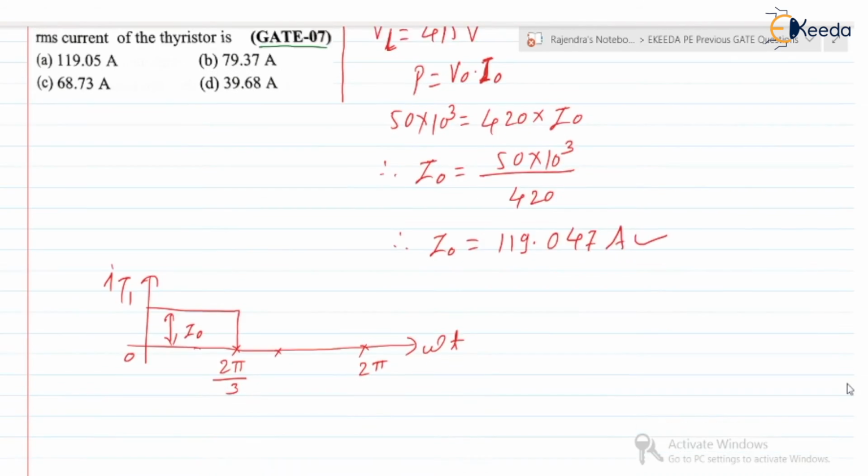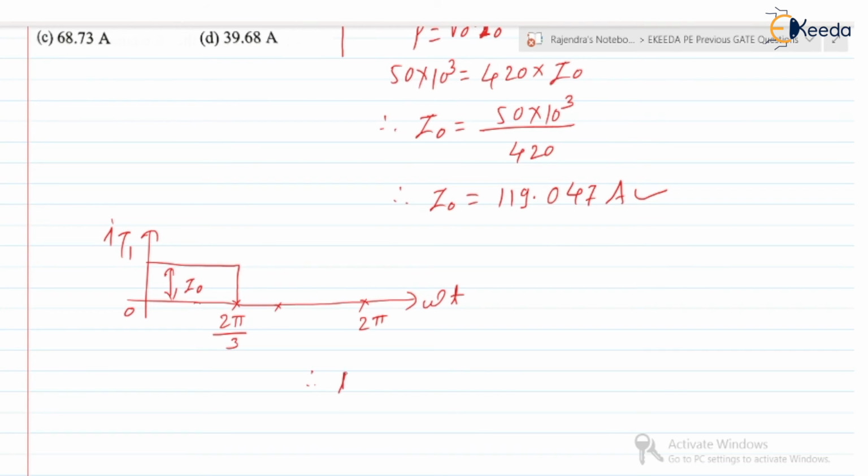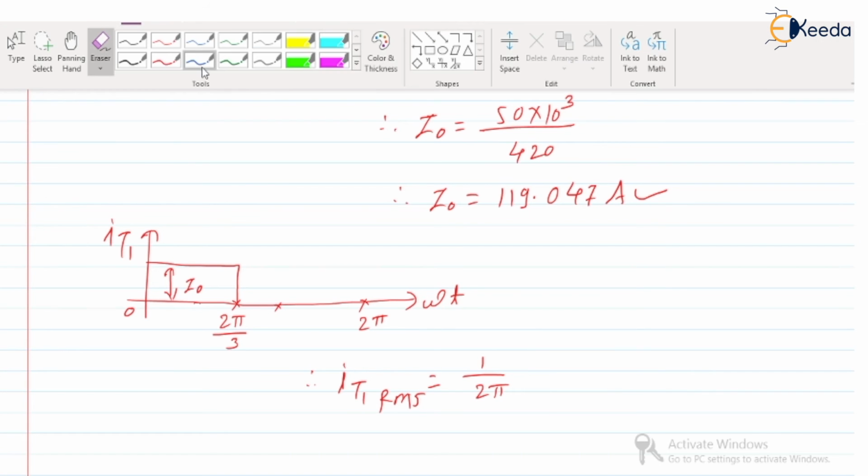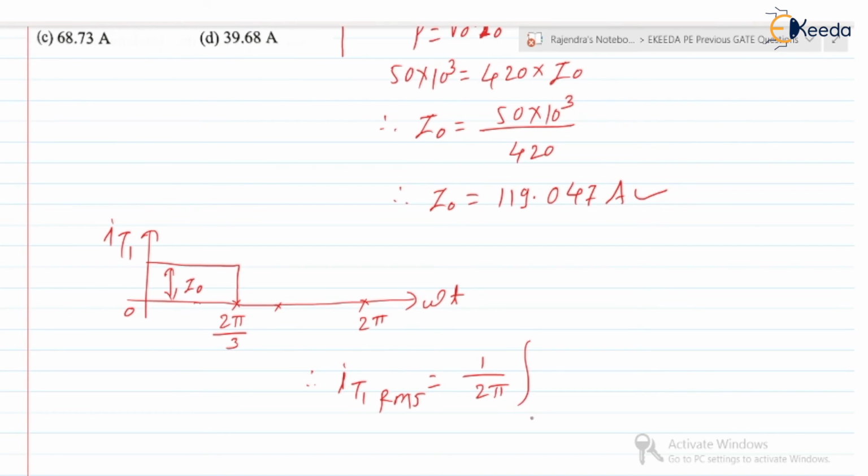So now can we find the IT1 RMS? They have asked for the RMS value. So we can write IT1 RMS is equal to square root of the mean of the squared value, that is 1 by 2 pi integration from 0 to 2 pi by 3 of I0 square d omega t, to the power 1 by 2.